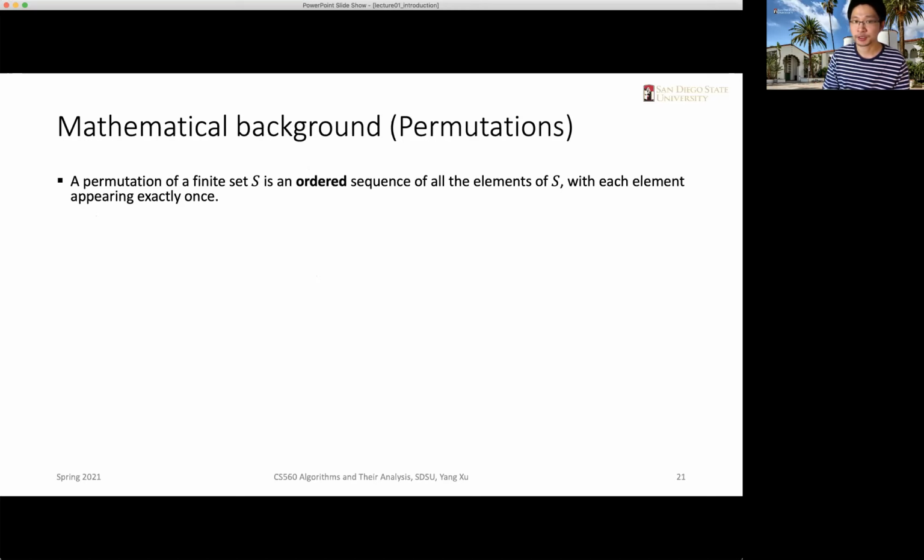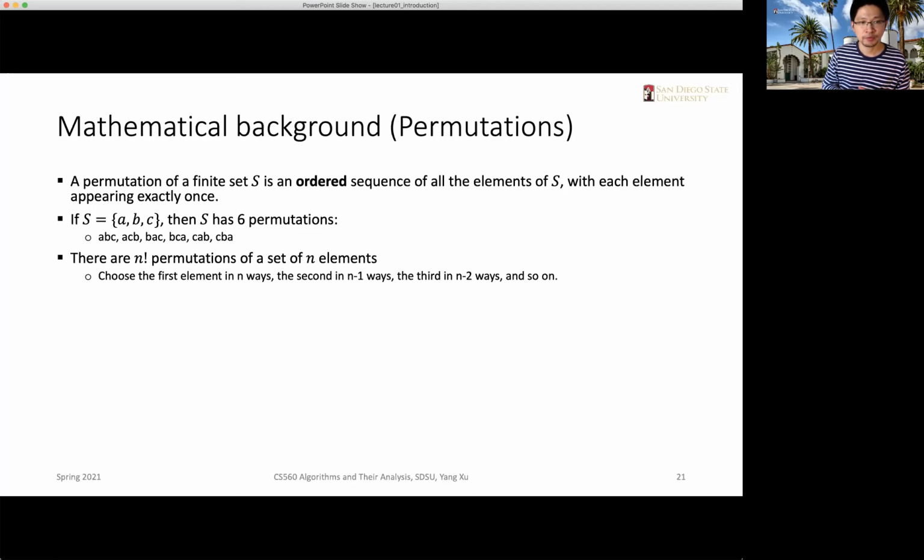It's an ordered sequence of all the elements of S, with the constraint that each element appears exactly once. If we have three elements, A, B and C, then there are 6 permutations in total, listed as above. We can use the factorial function to count the total number of permutations.